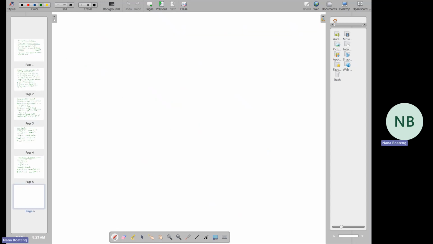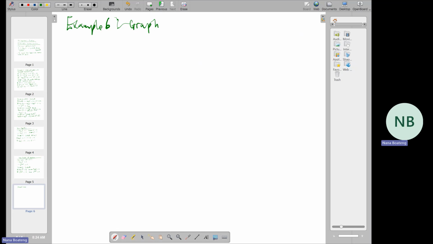So let's say example 6. We're going to graph an exponential function.